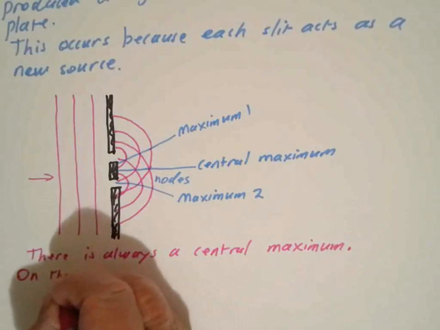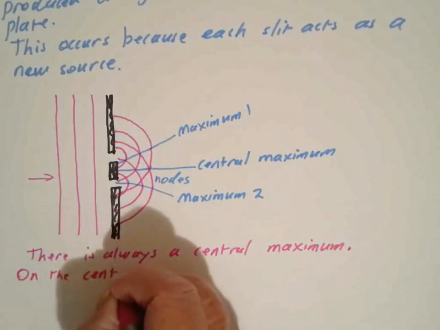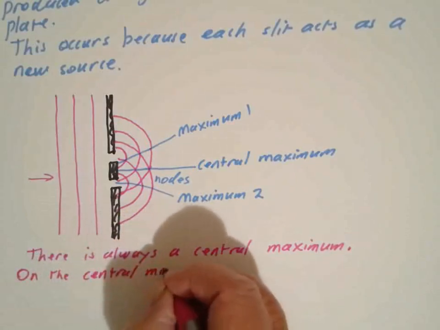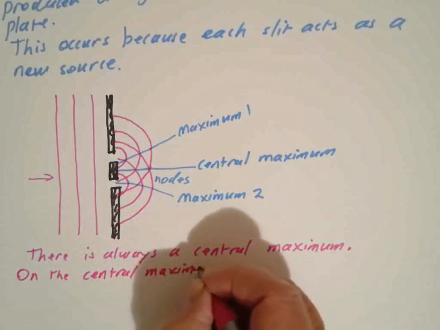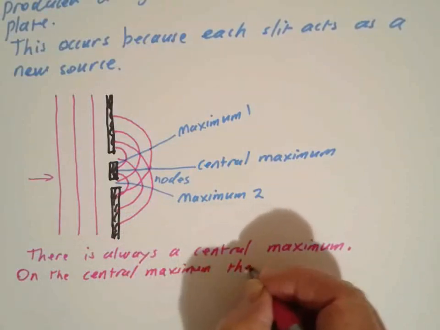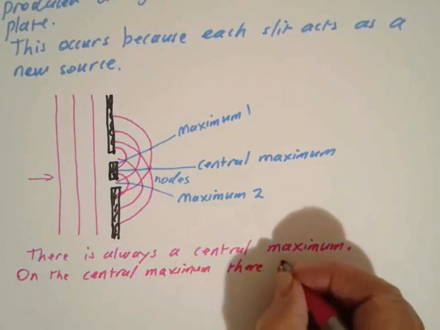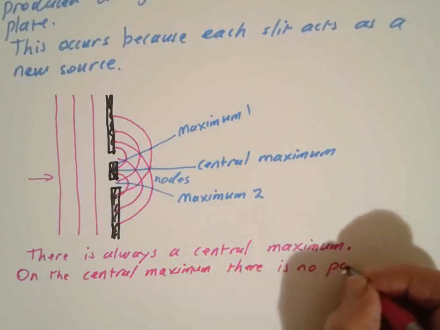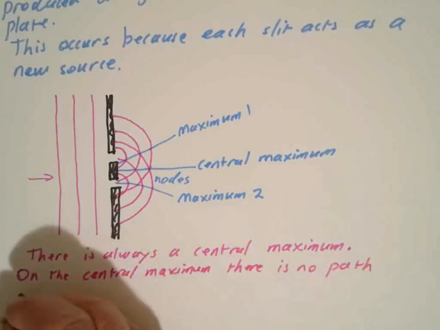On the central maximum, there is no path difference.